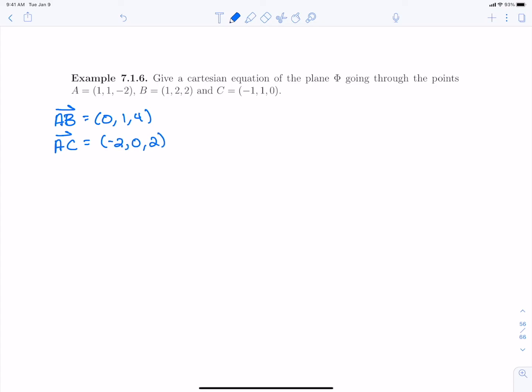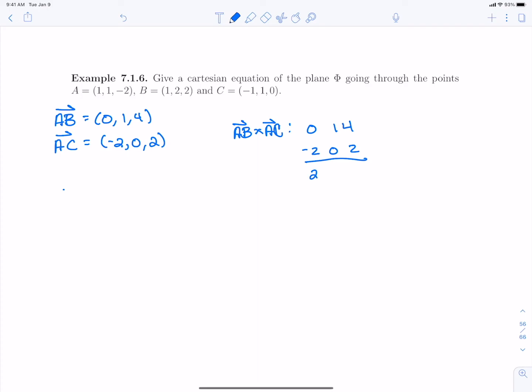Now, it was from here that we wrote out the vectorial equation, but what we want to do now is actually take the cross product. Because, as we reminded ourselves on the previous page, the cross product is orthogonal to both the vectors that we take the cross product of.